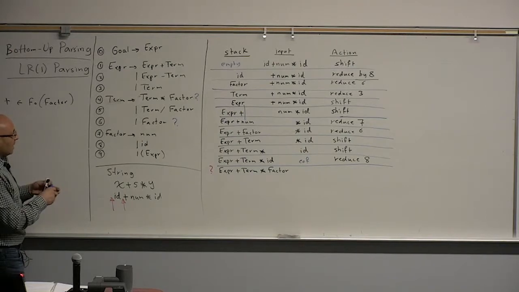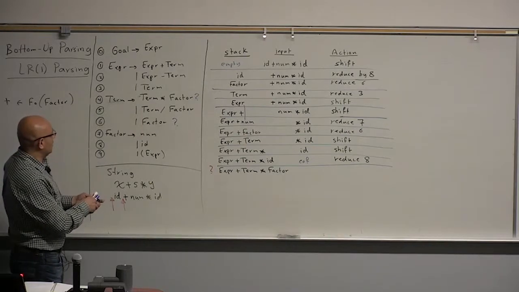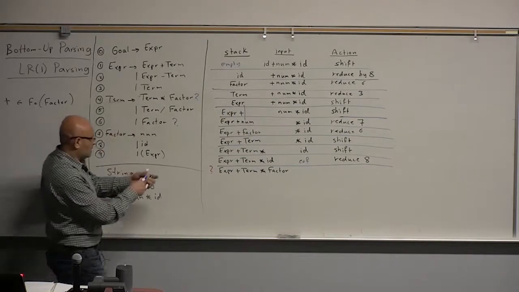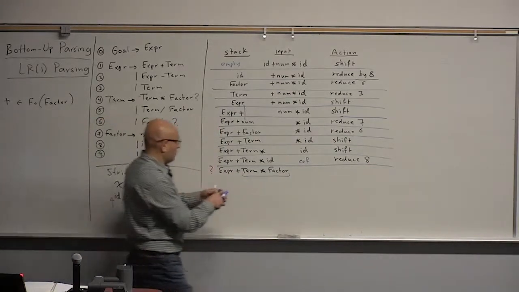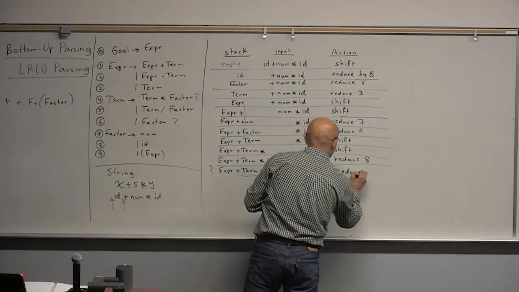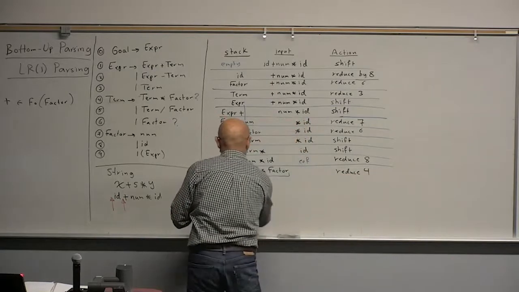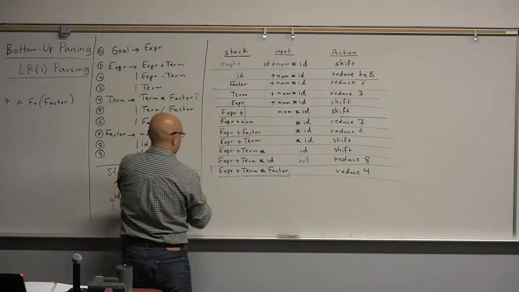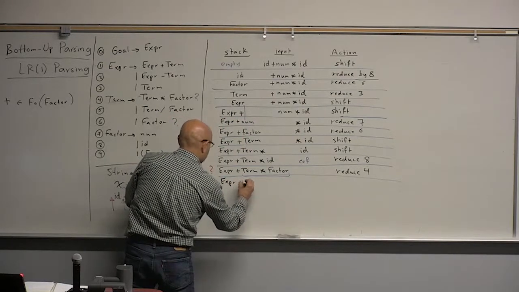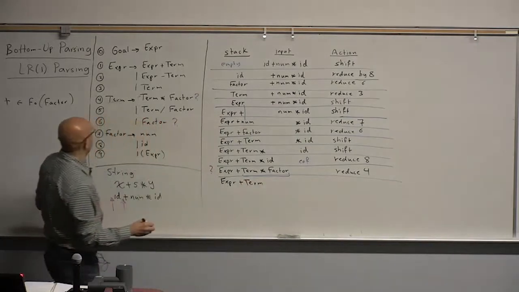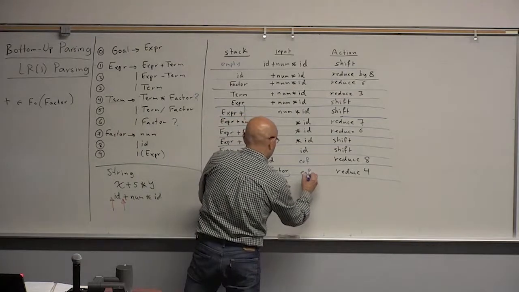So now, this is going to be the right one, so we will do this reduction. Now we will reduce term times factor with term, by rule number 4, and reducing by rule number 4, we will get expression plus term, and we have end of file, of course.